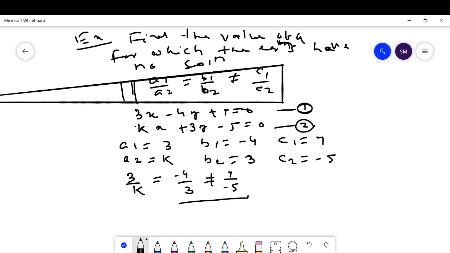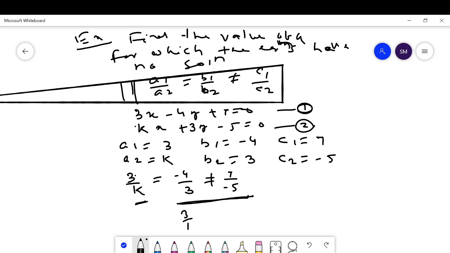Here the condition is satisfied, but we have to find the value of k for which 3 by k is equal to minus 4 by 3 and not equal to 7 upon minus 5.